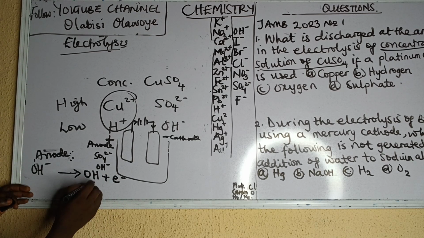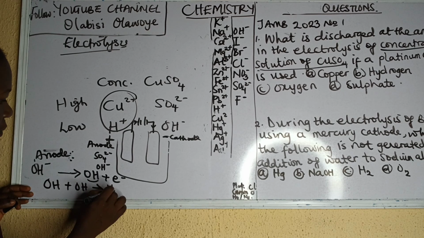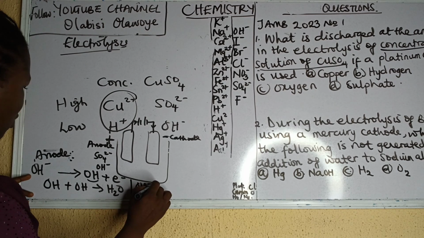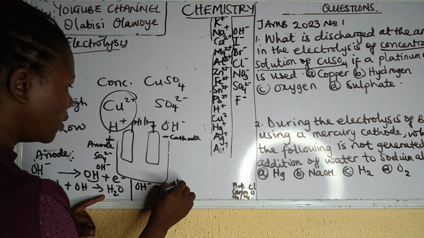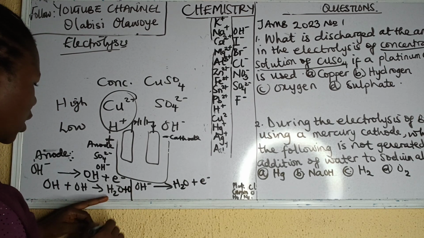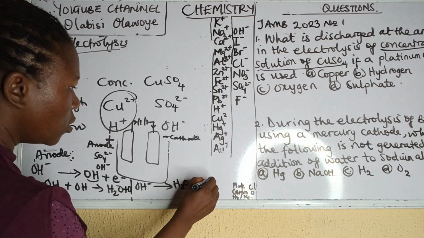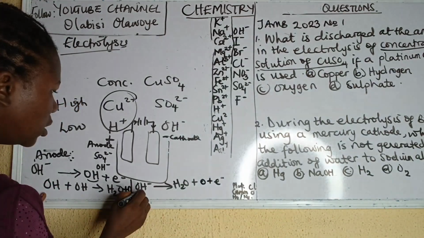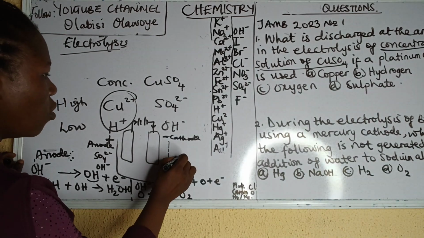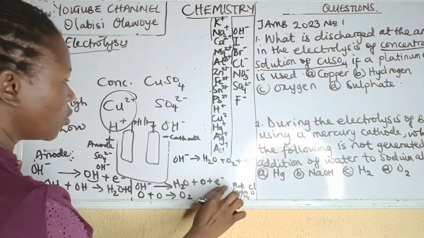Now, here we need to balance this because there's nothing like OH alone, so we have OH plus OH to give you water and oxygen. So the overall equation is OH minus to give water plus oxygen plus electron on this side.